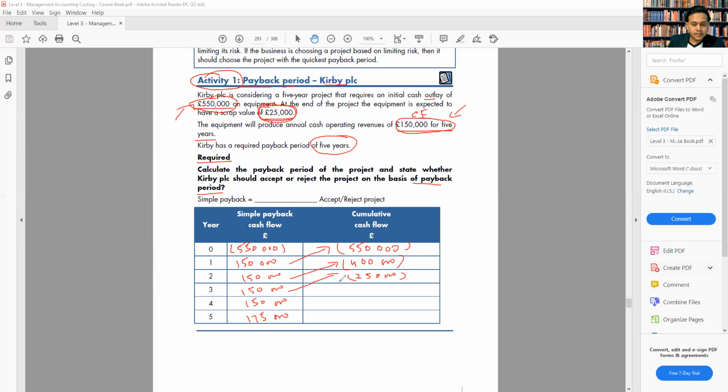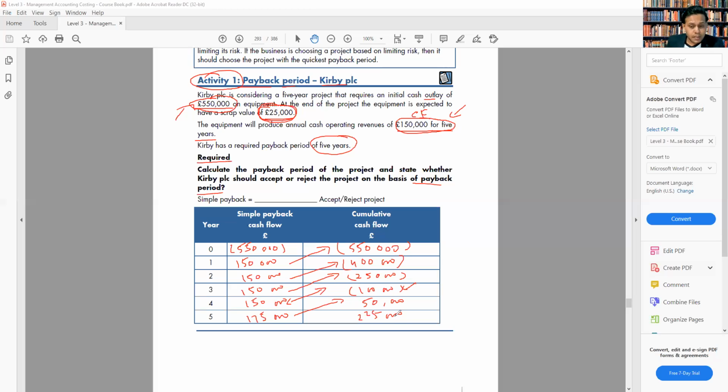Year 3, I have received another 150, so still I have minus 100,000. And in year 4 I receive 150, but I need only 100,000 to get back all my investment. So I don't need the full 150 to cover year number 4. Here I'm not minus anymore, I'm plus. And in year 5 I receive 175, so 175 plus 50 gives me 225.